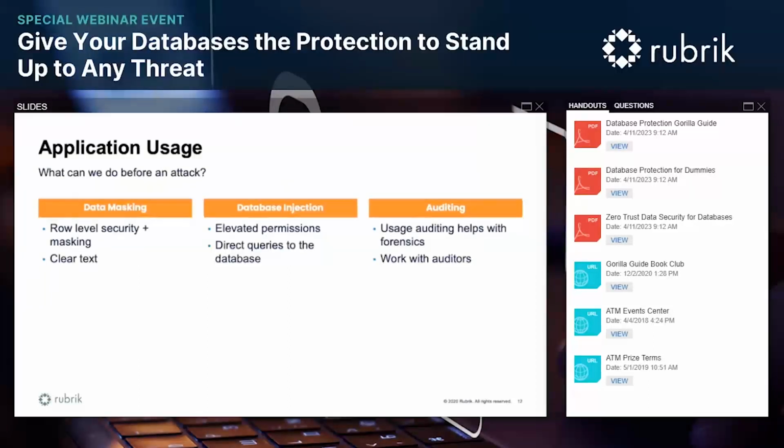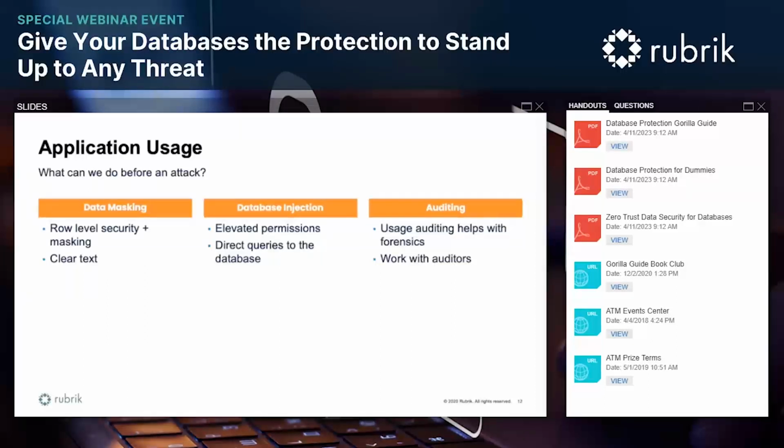Some of the larger tasks we need to consider here include data masking. That should be something that supplements how we secure our sensitive data. So you may have something along the lines of row-level security to limit who can see it based on their role in the organization, and then data masking that prevents anybody from viewing it who doesn't need to see it at all.